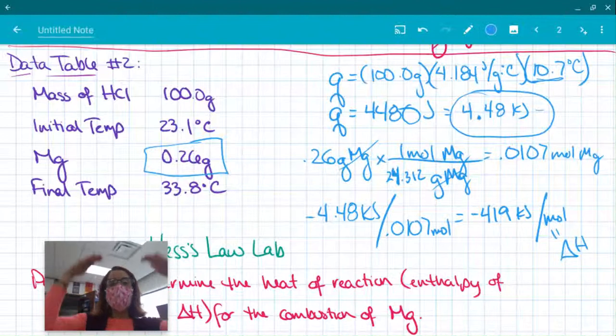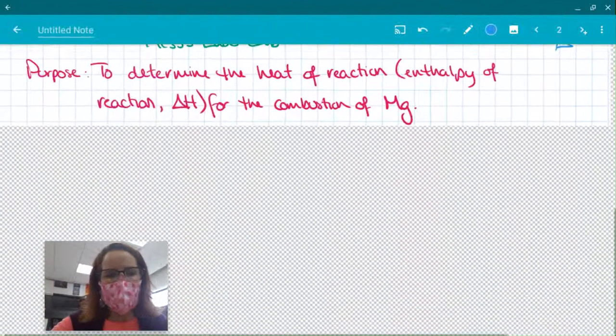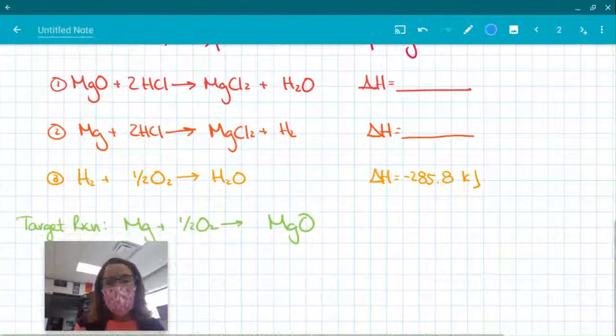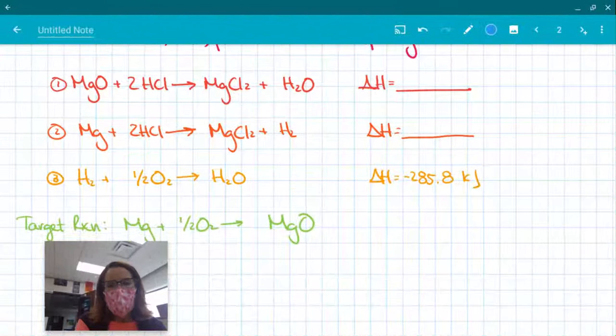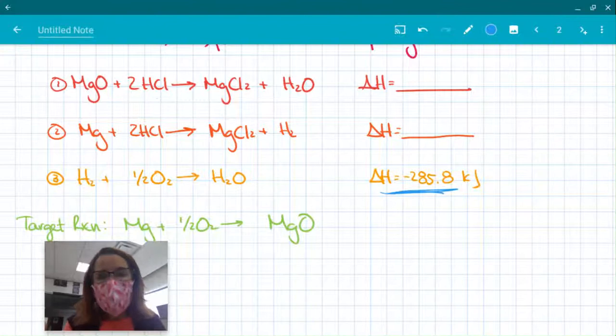So if you scroll back up to the top of your lab, I'm going to scroll down because I wrote them down here. So here are the 3 equations. This is equation 1, 2, and then 3. Equation number 3, they already gave you the delta H value for. So let's write in our new delta H values, and your delta H values are going to be different than mine. So I'm copying them from my paper.